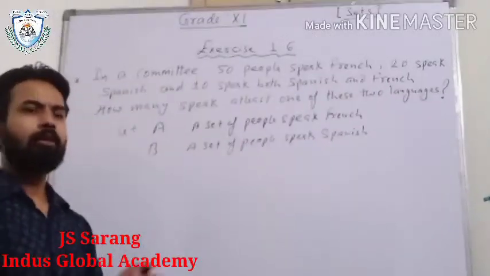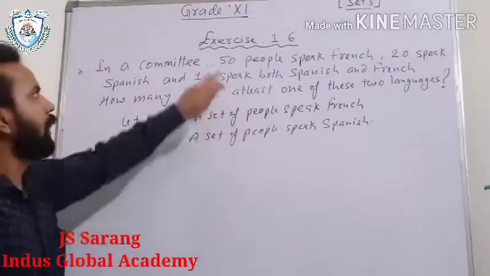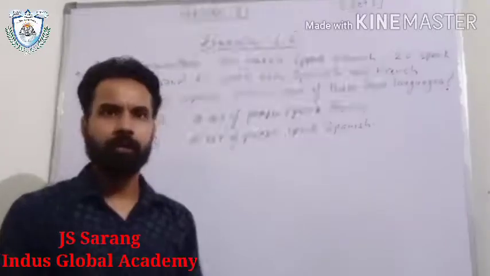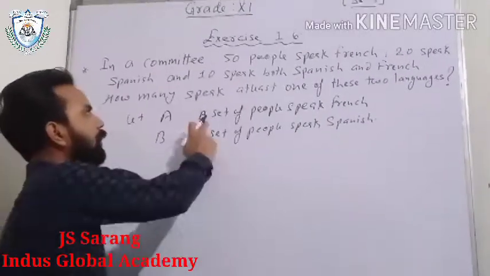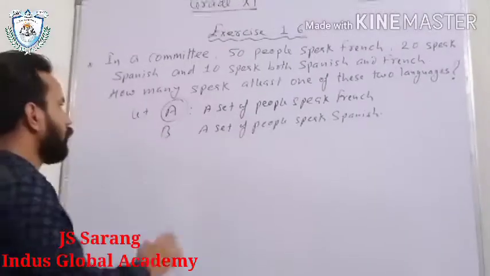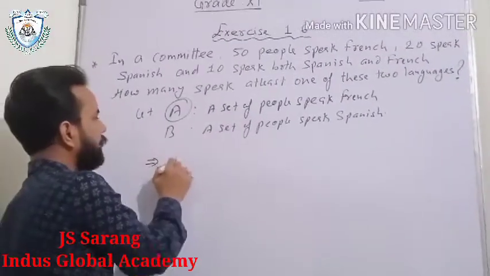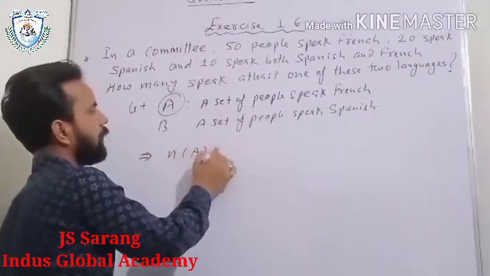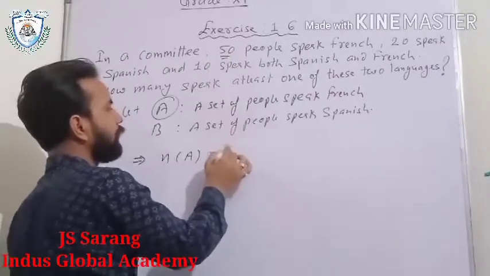Clear? Now what is given in the question? 50 people speak French. So the set of people who speak French is represented as A. So the number of elements in A is how much? That is 50.